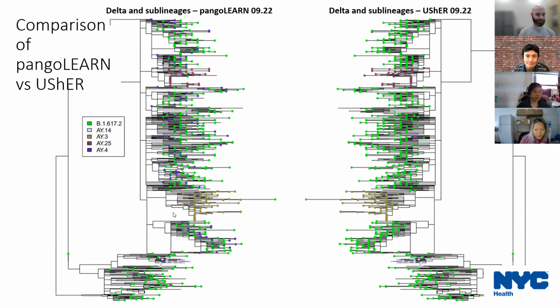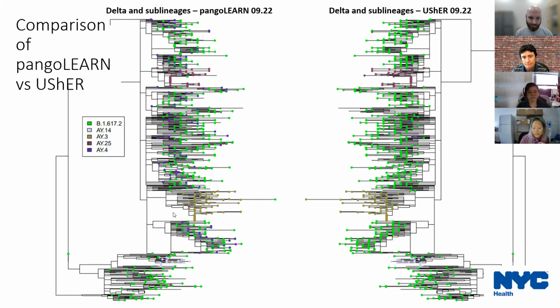Theoretically, you want the colors to cluster together, and you can see that the trees are relatively concordant. So AY14, which is the lilac near the bottom, clusters to one clade. It's monophyletic. And as we all know now, pangoLEARN was having a really hard time calling AY4 when it first came out. So you can see a lot of purple dotted along the left tree that you don't see in the UShER tree.